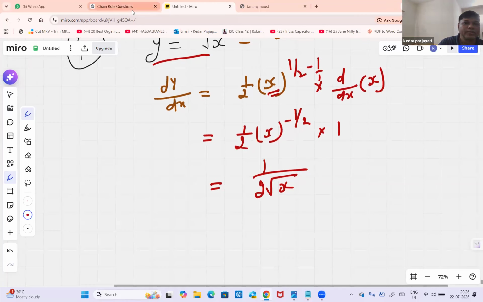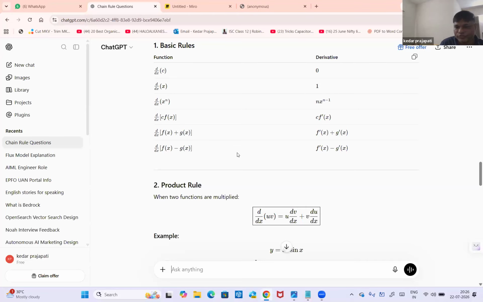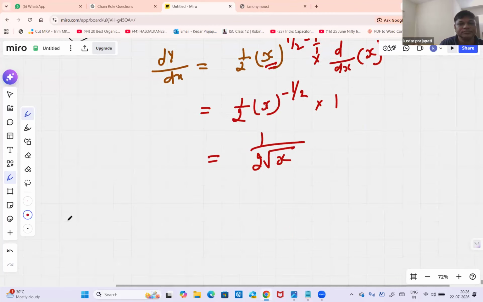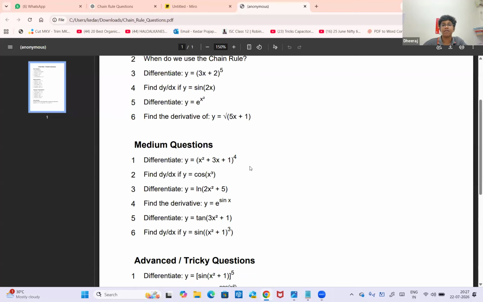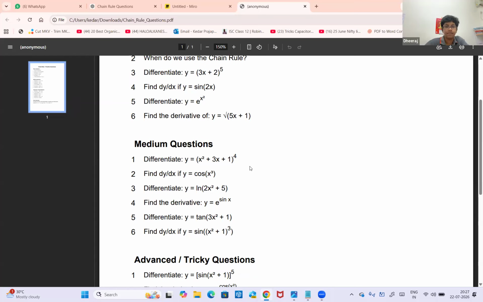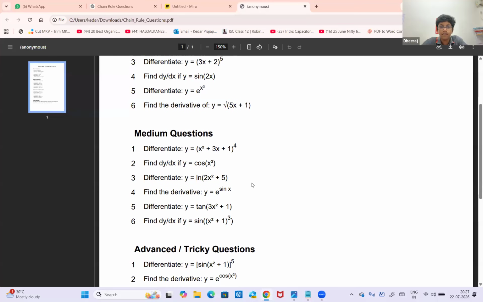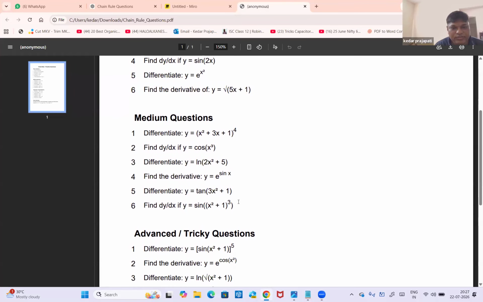Okay. The chain rule is fine so far. This exponential and all we'll see.